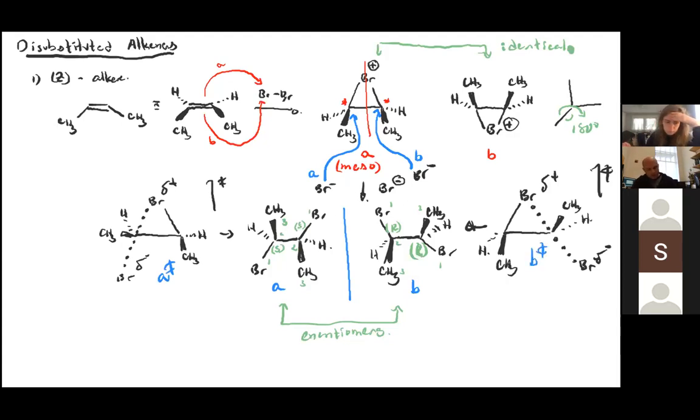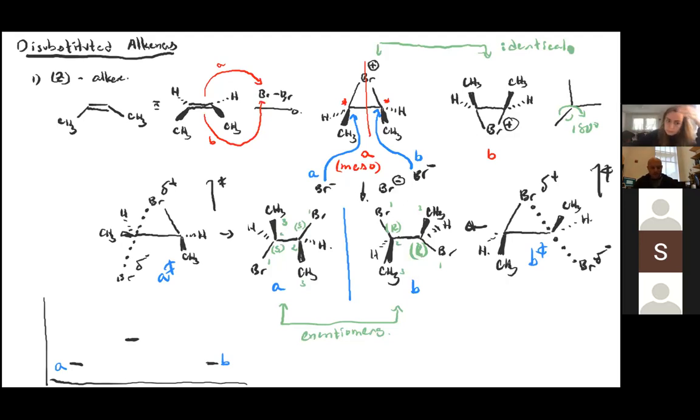If I wanted to put that on an energy diagram, I would have my bromonium ion in the center, and product A would be over here with some energy. Product B would be over here with the same energy because it's the enantiomer.